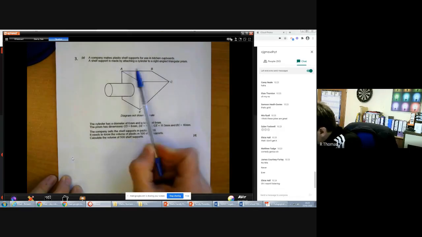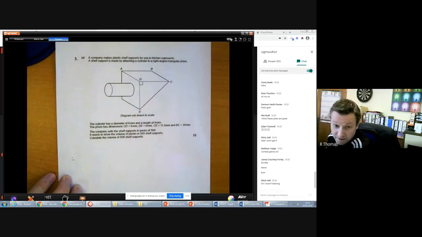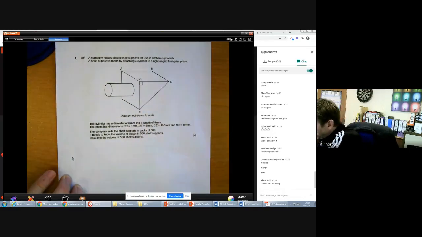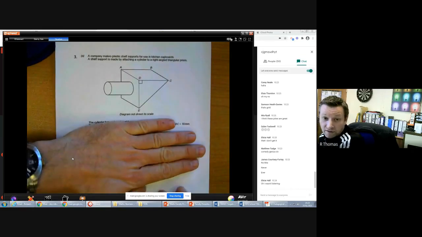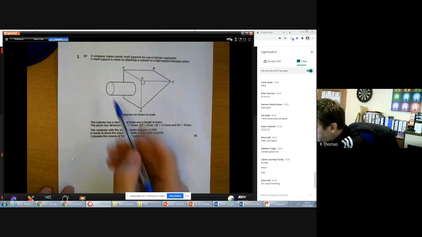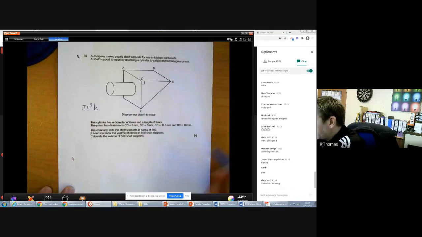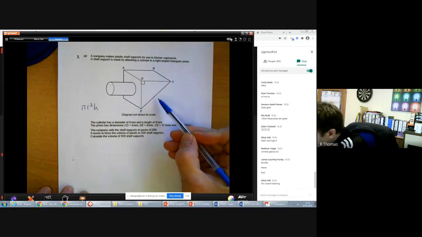Okay, so before we even look at any of the questions, we're obviously going to have to find the volume of it, aren't we? Right, so we have to find the volume of a cylinder, which is pi r squared h, and we're going to have to find the volume of the triangular prism, which is the area of the triangle multiplied by the length of how far back it goes.